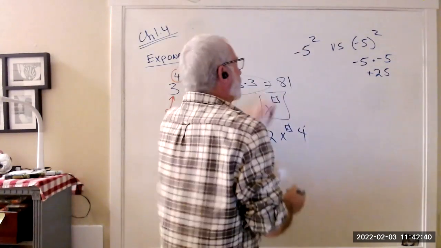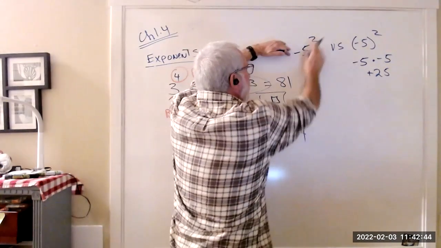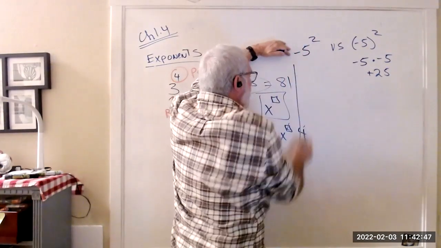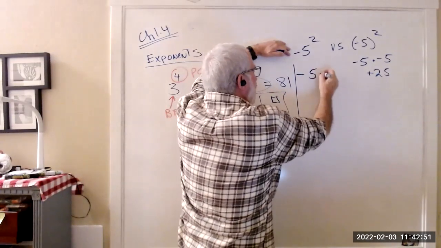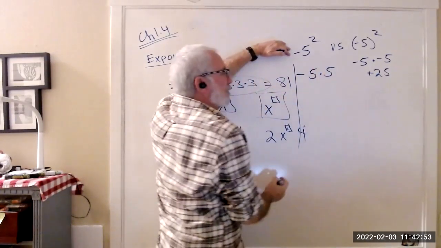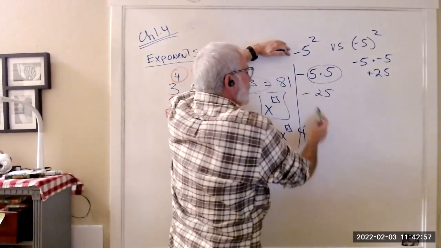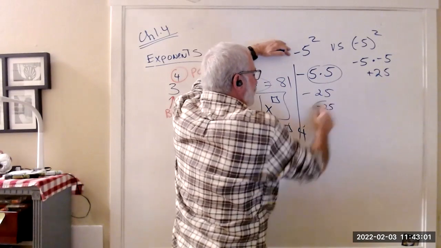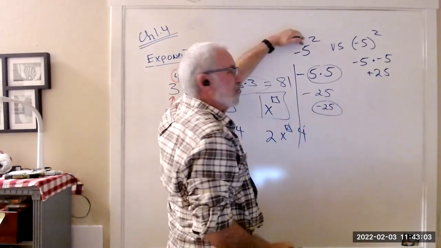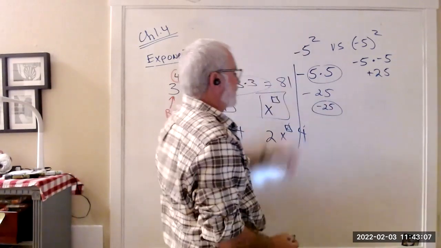But here, this negative is not being affected by the power. So this is technically -5 times 5. So 5 times 5 is 25. Answer -25, like that. Here, only the 5 is being affected by the power, not the negative sign.